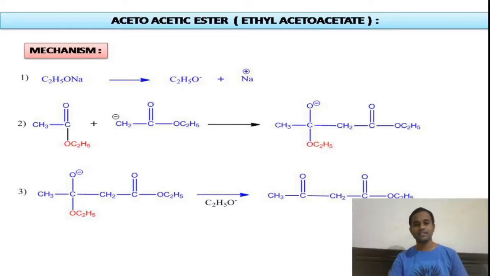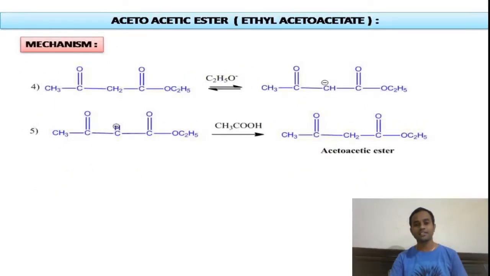You can clearly see that in the first step there is a formation of carbon anion by abstracting the proton from the alpha carbon of the ester. In the second step, that carbon anion attacks the second ester molecule to give the intermediate. In the third step, that intermediate loses ethoxide ion to form our product, that is acetoacetic ester. This formed acetoacetic ester will further, in presence of ethoxide ion, lose H plus from the active carbon to form a carbon anion.